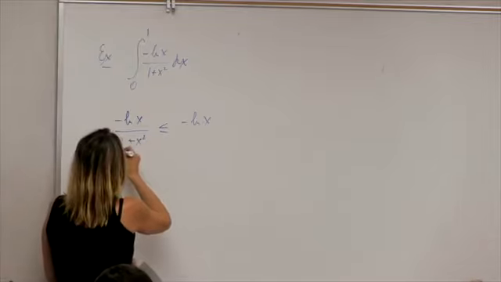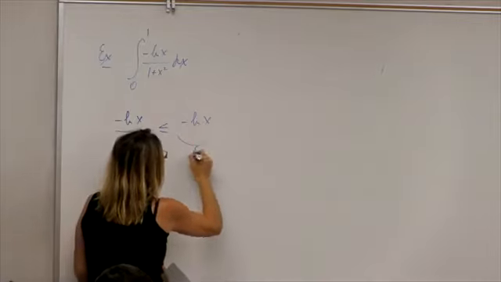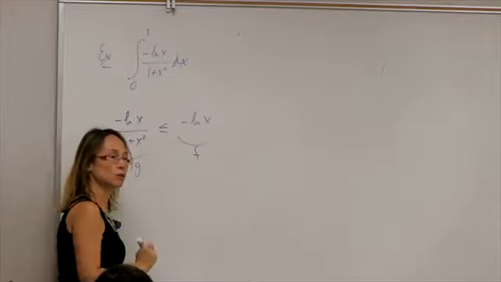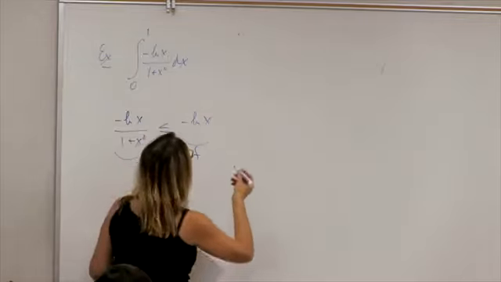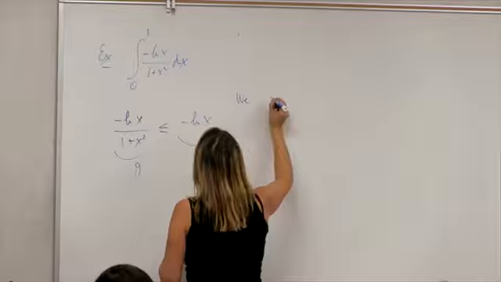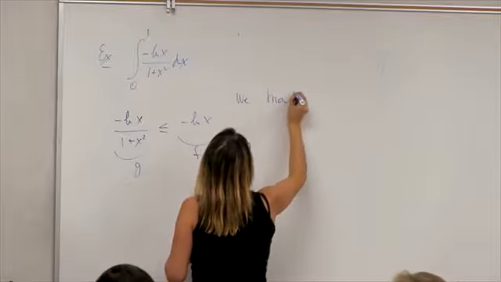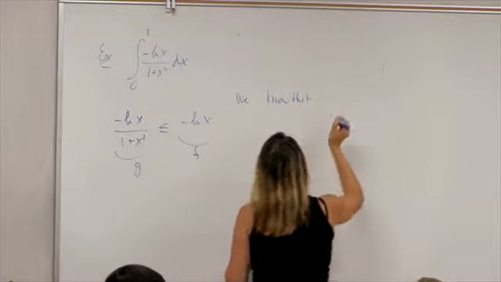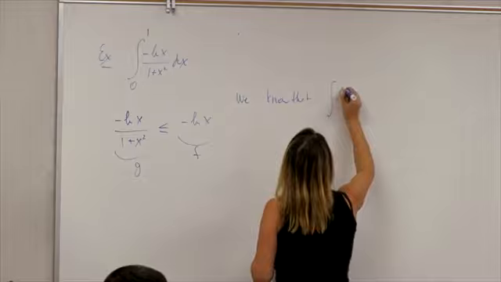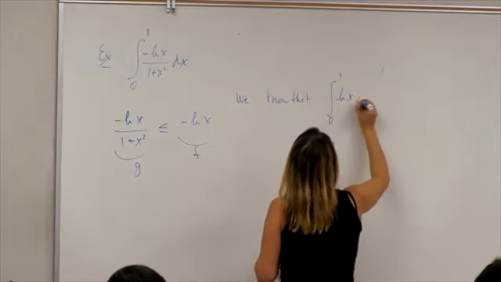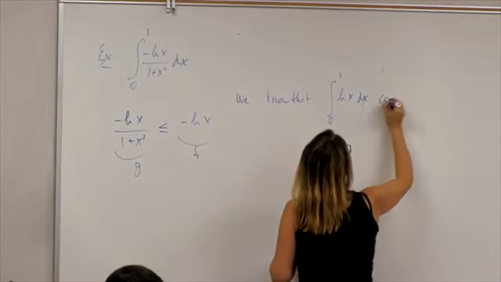So this is our function g, the smaller one, this is our function f. And we know something about this function, because we just calculated that the integral of log x dx converges.